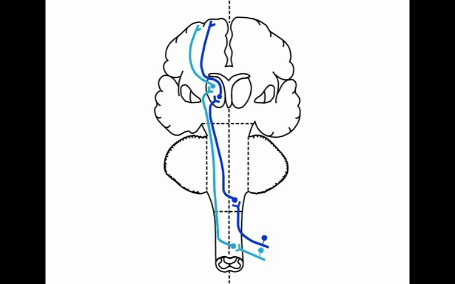The second important anatomical point is that the dorsal columns and the spinothalamics are dispersed as far as their position in space. So we have the dorsal columns coming up through the dorsal columns in the spinal cord, where the spinothalamics are over in the anterolateral system.